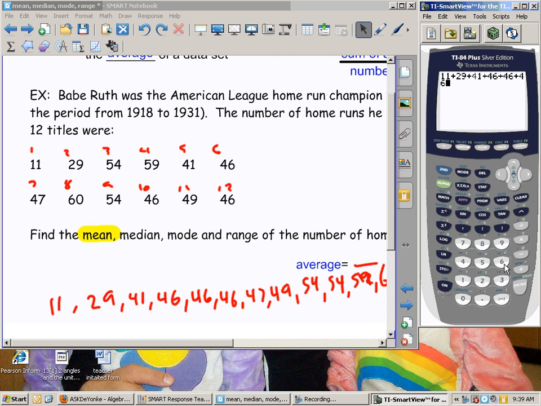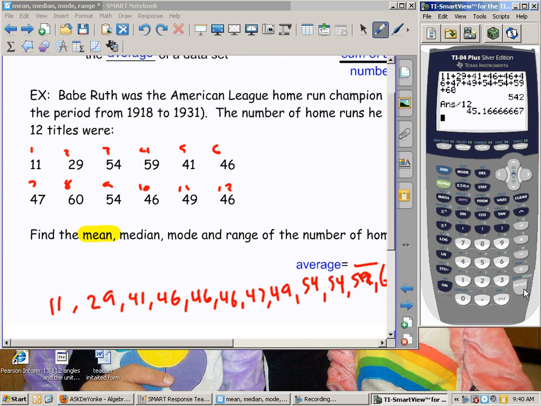So you have to do it however many times you see it, plus 47, plus 49, plus 54, plus 54, plus 59, plus 60, and that should give me a total of 542, which I divide by 12. And it gives me an average of 45.16666.